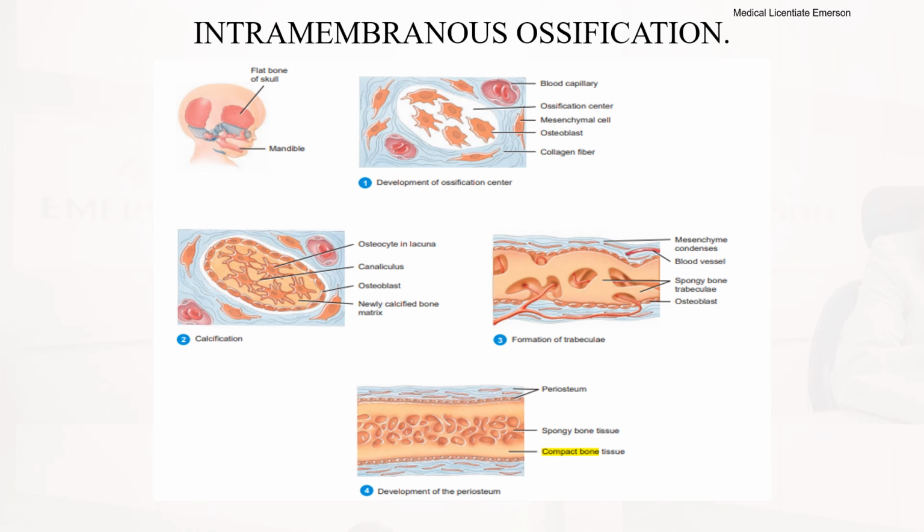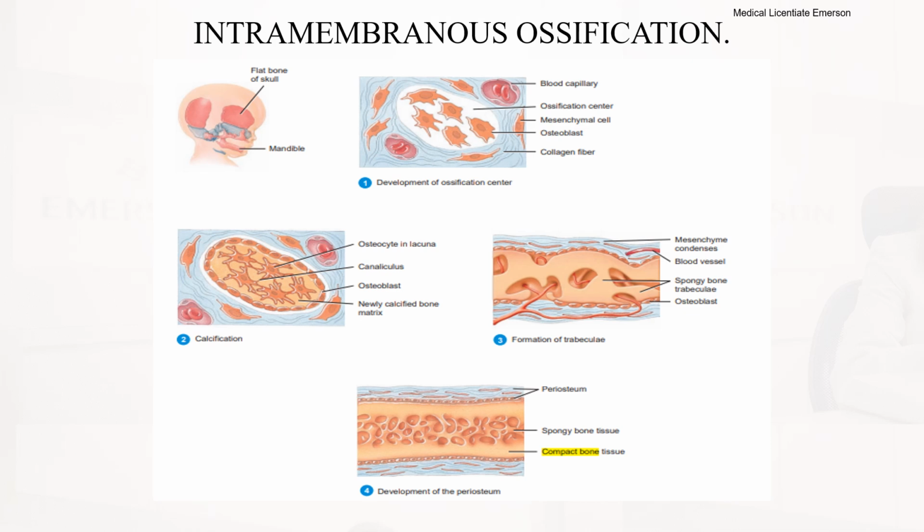The formation of the trabeculae, then the osteoblast will still be surrounding the inside, but the inside now is going to change into spongy bone trabeculae. Then the mesenchyme condenses outside. Then there will be development of the periosteum.